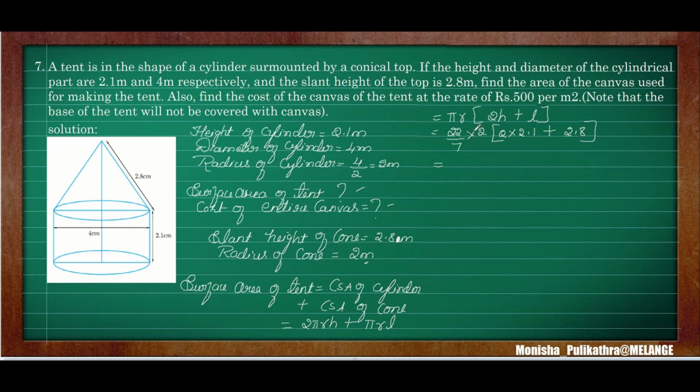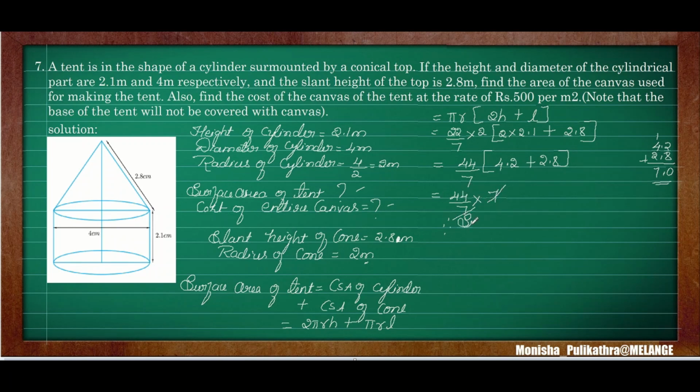So 2 into 22 is 44 by 7, into 2 into 2.1, which is 4.2, plus 2.8. So 4.2 plus 2.8 is 7.0, which is nothing but 7. Here 7 and 7 cancel, and the remaining is 44.